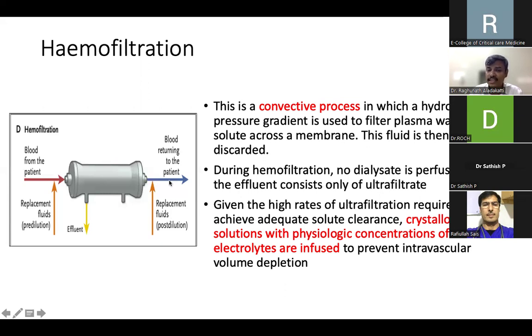What I mean to say is, in the convective process used in hemofiltration, a large amount of fluid comes out through the effluent that should be replaced using a crystalloid solution with physiological concentration. It can be used pre-dilution, pre-filter, or post-filter.